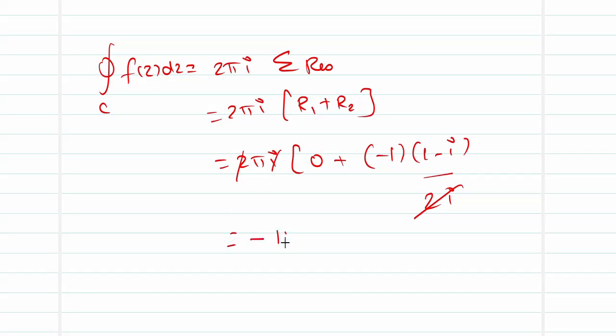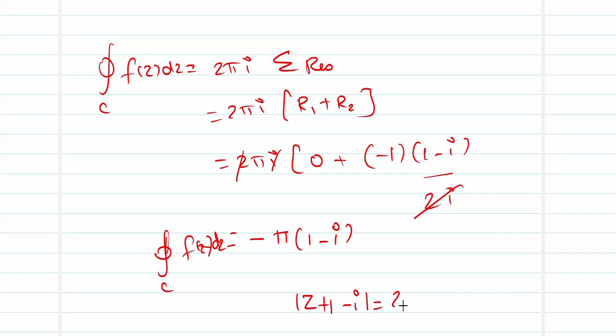So I have minus pi into 1 minus i to be the value of the integral over C of f of z dz in my boundary. What was the boundary? The boundary was mod z plus 1 minus i equal to 2. So this completes the third part of our integral.